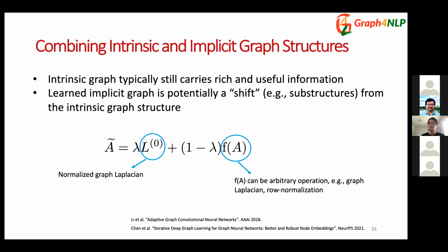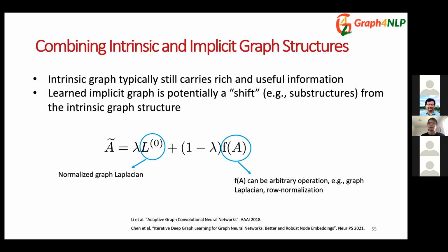One common way to combine the benefits of the above two graph structures is to compute a linear combination of the normalized graph Laplacian of the intrinsic graph structure and the normalized adjacency matrix of the learned implicit graph structure.